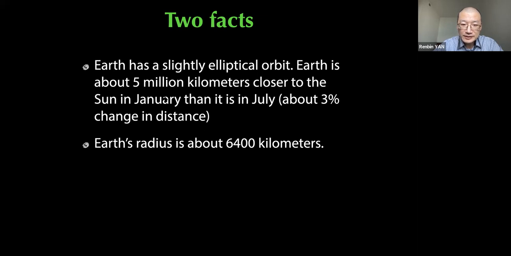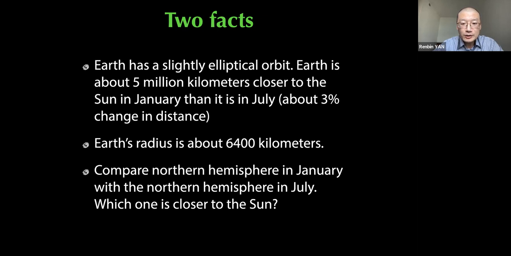So see, the orbital distance difference between January and July is about 5 million kilometers, and the Earth's radius is 6,400 kilometers. So which number is bigger? Is 5 million bigger than 6,400? It is much bigger, right? It's almost 1,000 times bigger than the size of the Earth. The difference in distance between January and July is about 5 million, but the Earth's radius is only 6,400 kilometers.